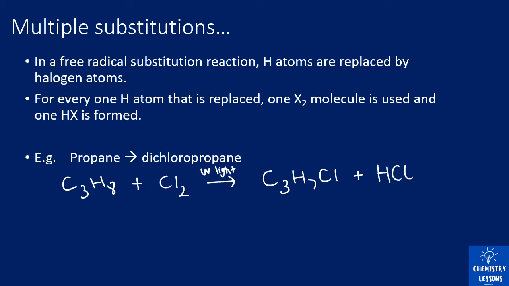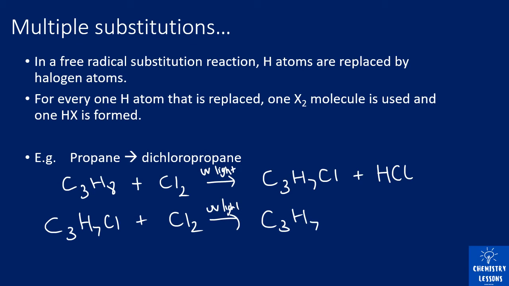But what can happen is your chloropropane, so your C3H7Cl, could undergo further substitution with another Cl. And what will happen is you'd get a second substitution. That would be H6 now. So we've substituted another hydrogen. So in total, we've substituted 2.